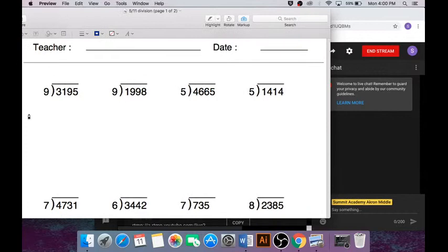Okay, so the first thing we are going to do is divide 3,195 by 9. 9 doesn't go into 3, so we move over to the next number and see how many times 9 goes into 31. So 9 times 3 is the closest we can get to 31 without going over.